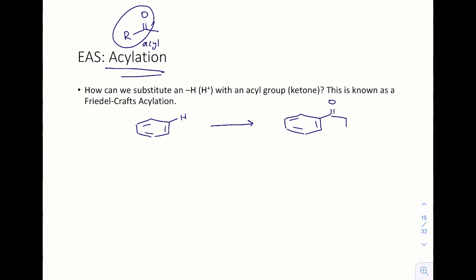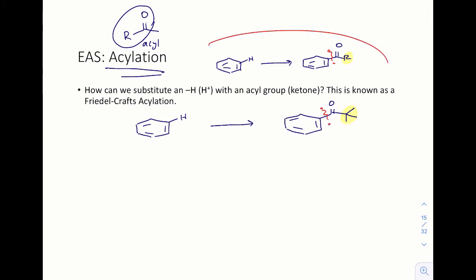I'll just pick a specific acyl group. Often when you see the generic reaction, it might be written out like this, but I have chosen a specific R group. Here is the bond that's made in both the generic scheme and a specific example. All right, a ketone is generated from benzene.